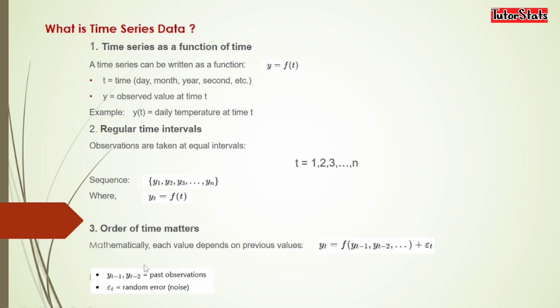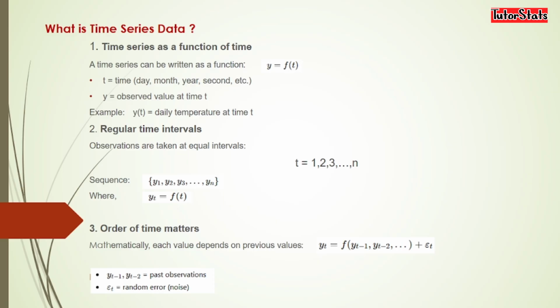For example, today's stock price depends on yesterday's price. This month's sale depends on last month's sale. Here y(t-1), y(t-2) are the past observations, and epsilon t is random noise like sudden news, weather conditions, or unexpected events.